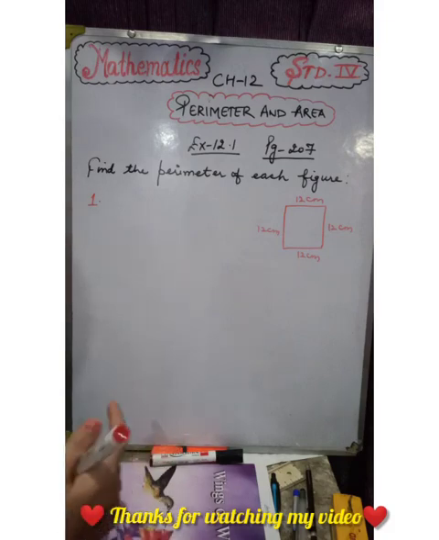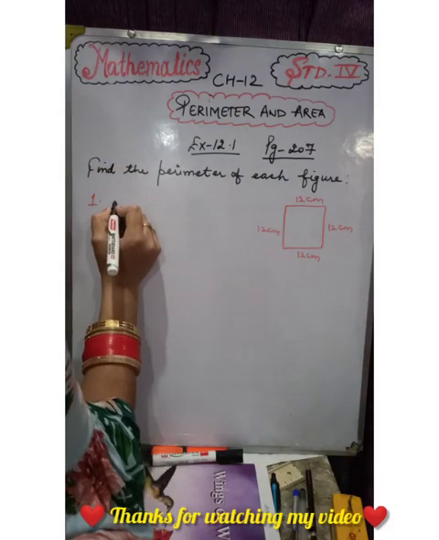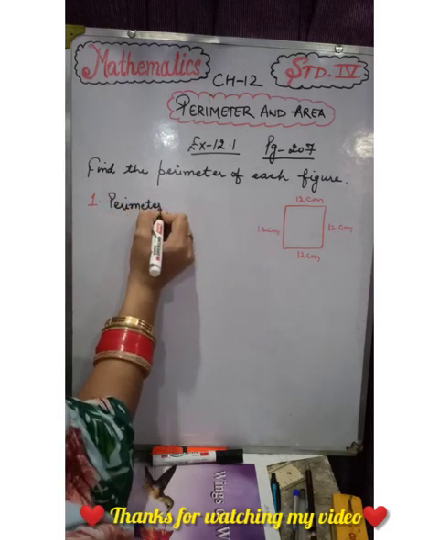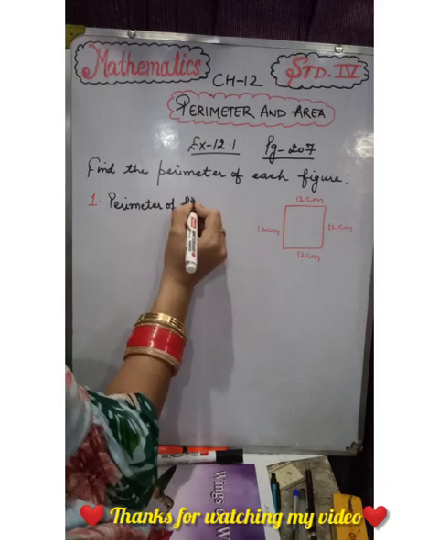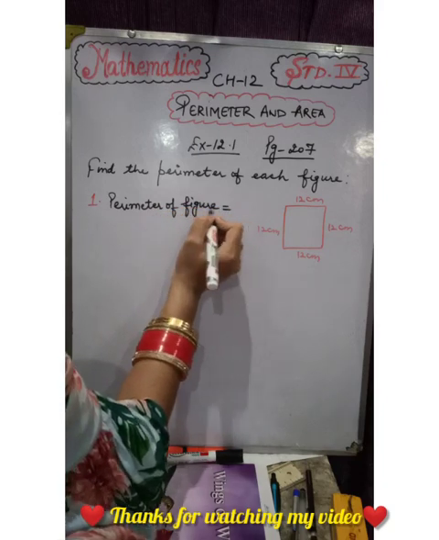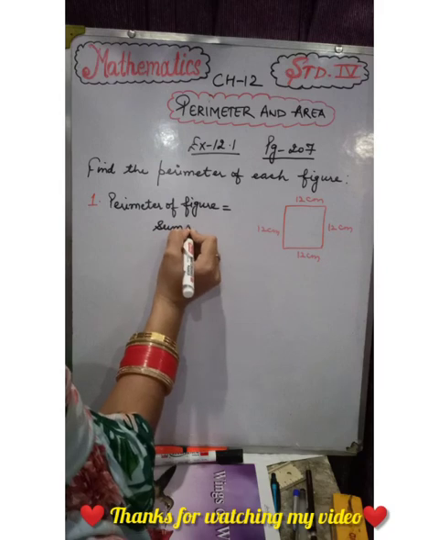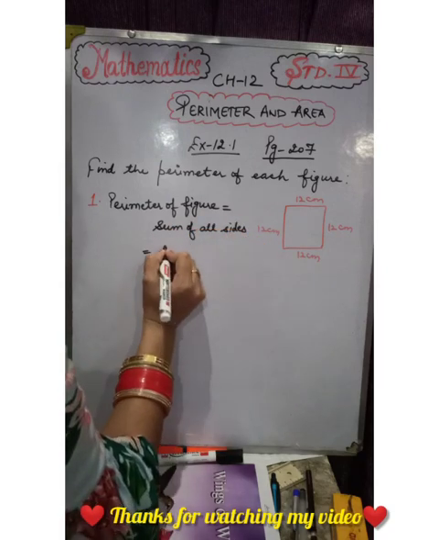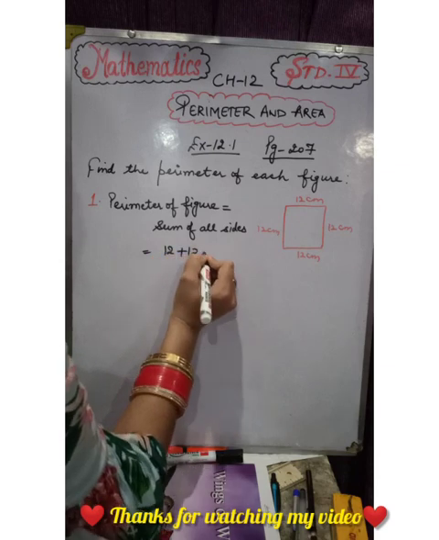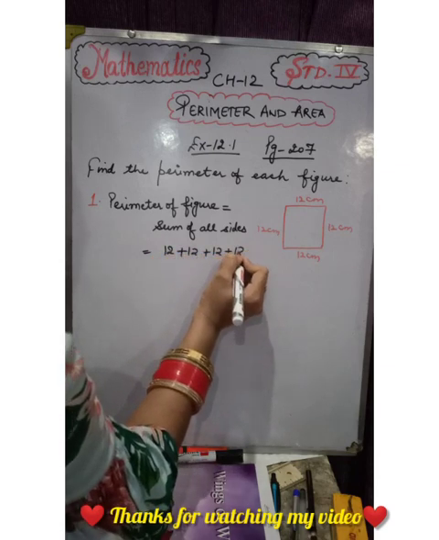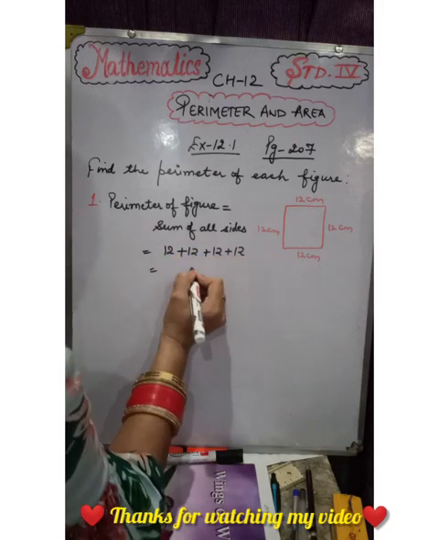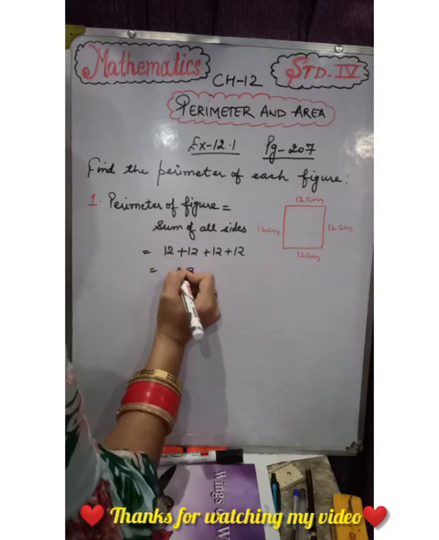So perimeter of figure is equal to sum of all sides: 12 plus 12 plus 12 plus 12. 2 plus 2 is 4, plus 2 is 6, plus 2 is 8, so 48.